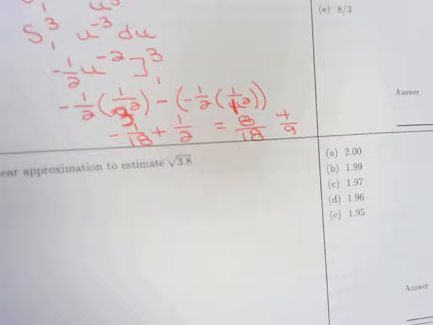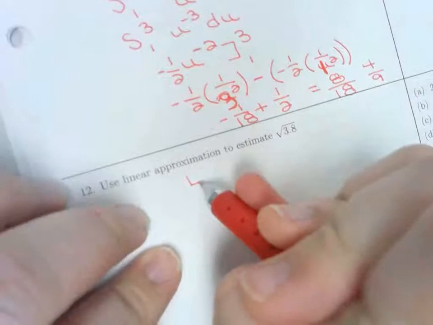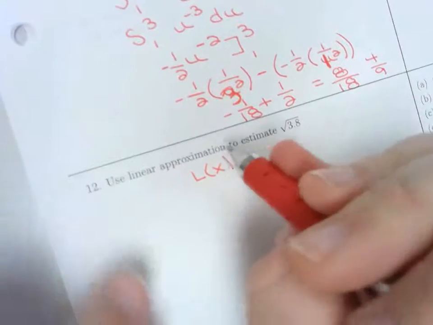No, because your domain is all real, so you're good. Okay. Are you good, Jackson? Negative 1/18 minus. Yes. He's talking to himself, I think. Okay, 12.